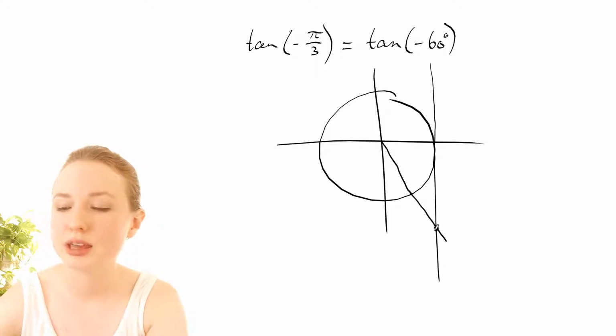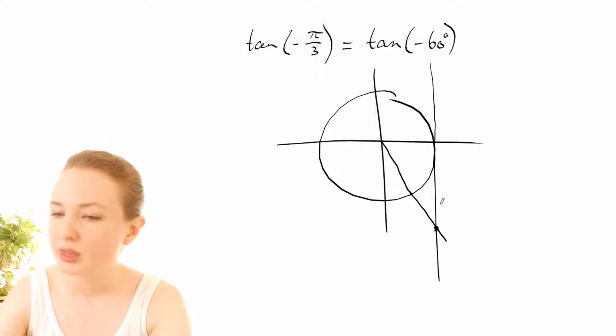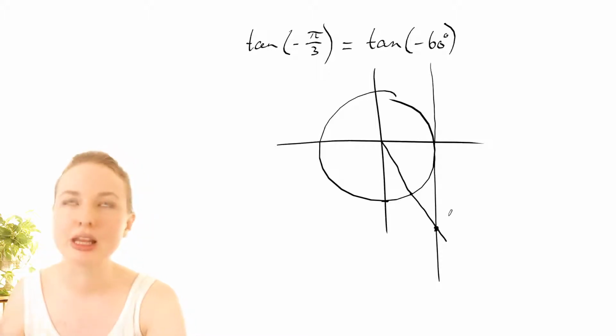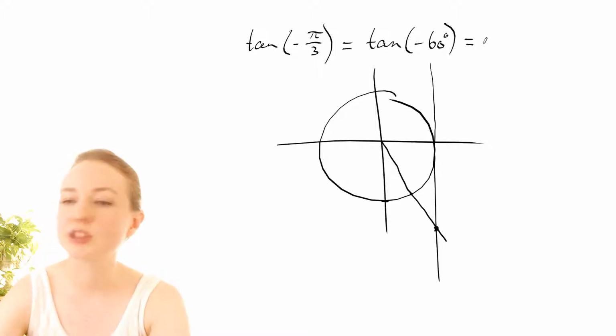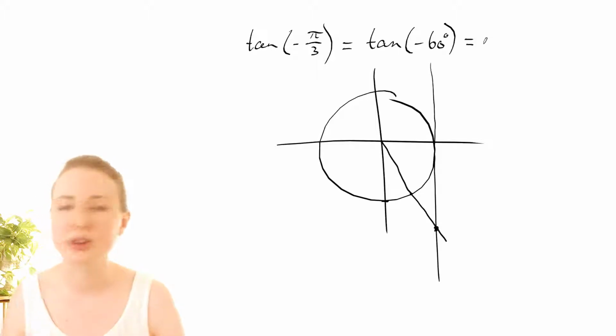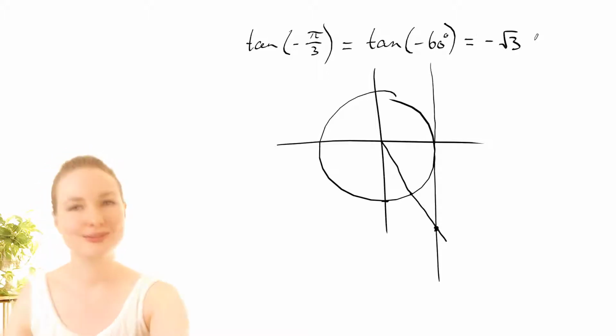And we're interested in the y-coordinate at that point, which you can see is bigger in magnitude than negative 1. It's a large negative number. So remember the 3 possibilities for tan: 1 on √3, 1, and √3. √3 is the biggest one, bigger than 1. So that's going to be negative √3.